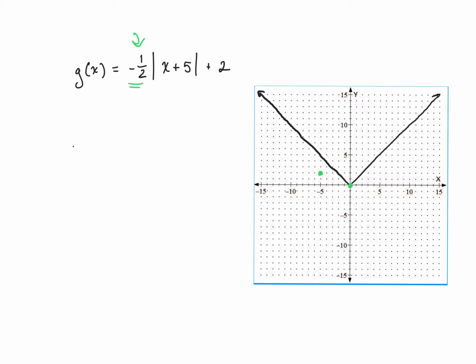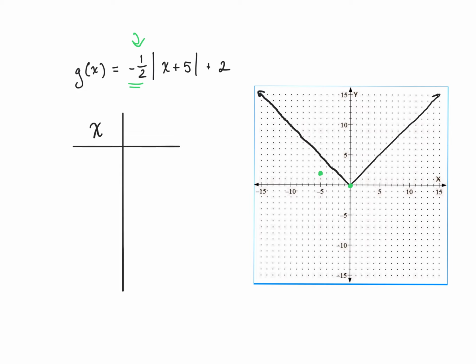We're going to build the table around this -5 as our vertex. I'm going to use points around my vertex and see what this -1/2 does when I apply the order of operations.